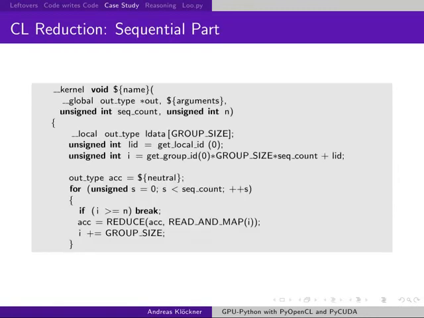Then comes the first bit of actual meat of the implementation. The kernel gets a name, a bunch of arguments, and a bunch of arguments that the user doesn't see. Then we do pretty much exactly the same thing. We have a neutral element, and then we add up, as in we reduce from the initial read and map down to a width that matches the size of our work group.